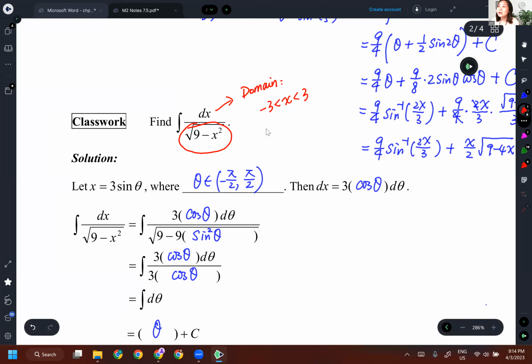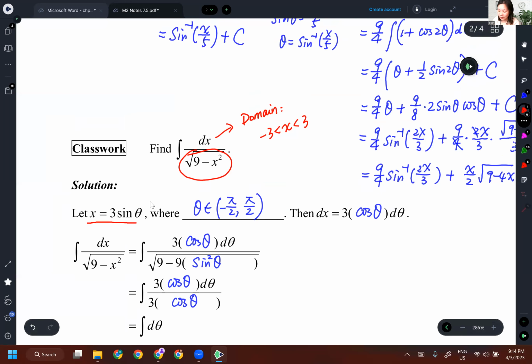Yes. Okay. Now, if x is between -3 and 3, then when we assign this function to x, we let x be 3 times sine theta. We really don't need theta to be all the real angles, do we? No. We only want a few angles.